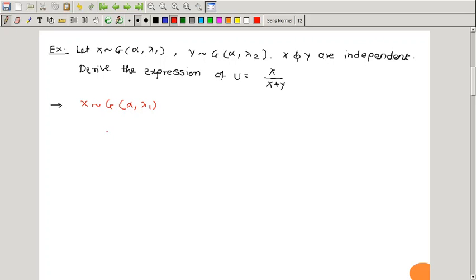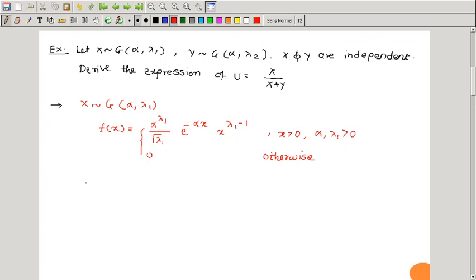So the density function of X is f of x is equal to alpha raised to lambda 1 upon gamma lambda 1, e raised to minus alpha x, x raised to lambda 1 minus 1, where x greater than 0 and parameters alpha, lambda 1 should be positive, 0 otherwise. This is the PDF of X.